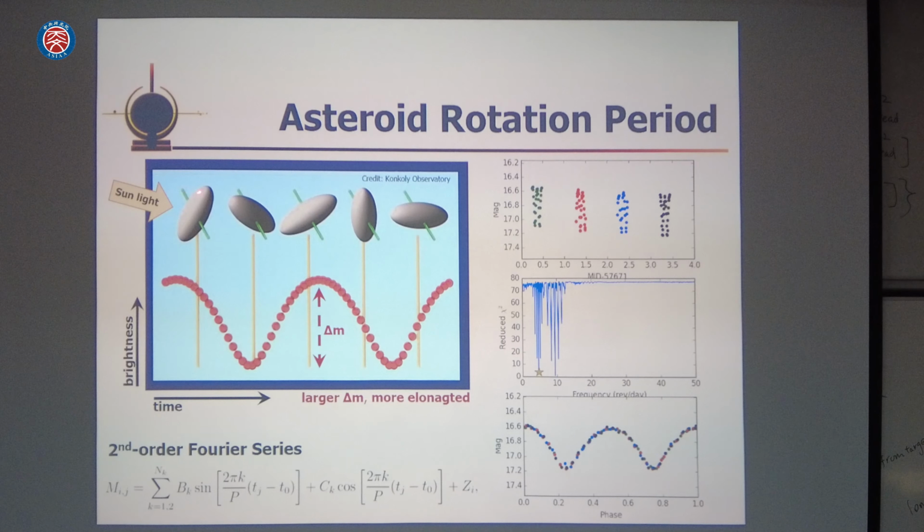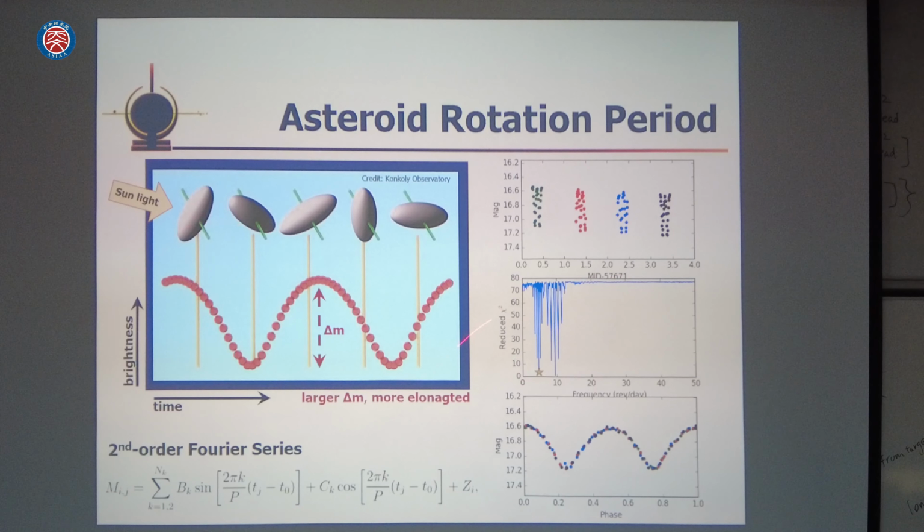So when the area is bigger, the asteroid looks brighter. If the asteroid is elongated and rotating, you will see the reflecting sunlight area change with time. When it's bigger, it's brighter, smaller, dimmer, bigger, brighter. So it goes up and down, up and down.